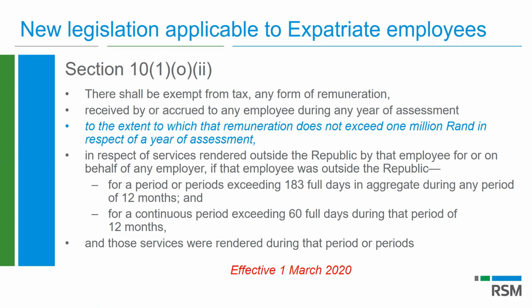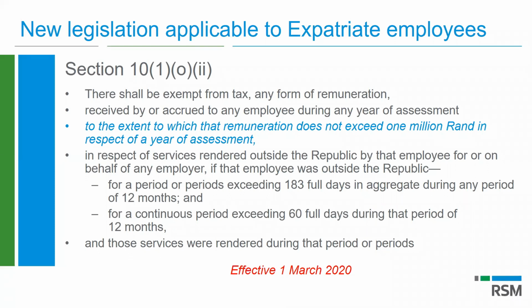So the workings are exactly the same. The individual must still be earning remuneration from employment. They must be working outside of South Africa for all of the required number of days. And when you meet the criteria, that income will still be exempt, but only up to the first 1 million rand of earnings in a year of assessment.